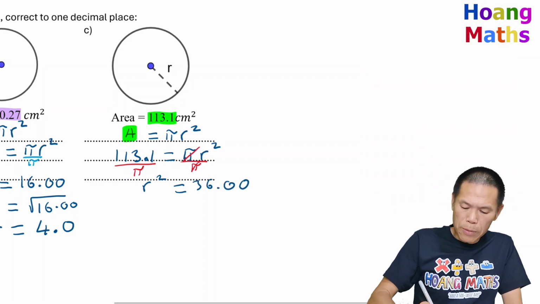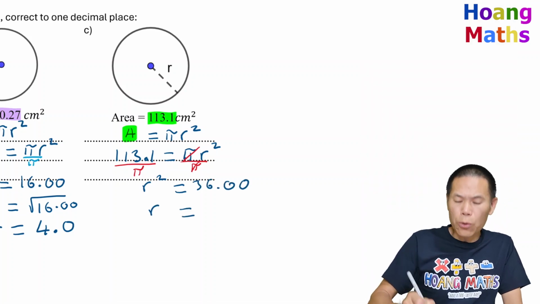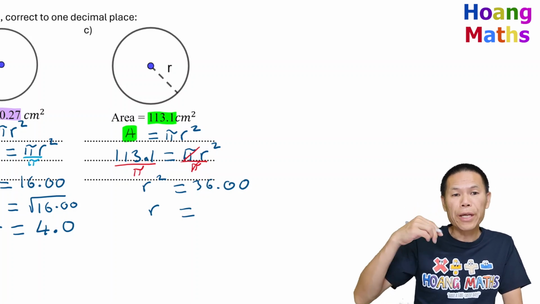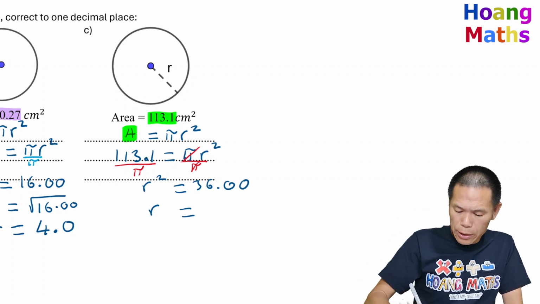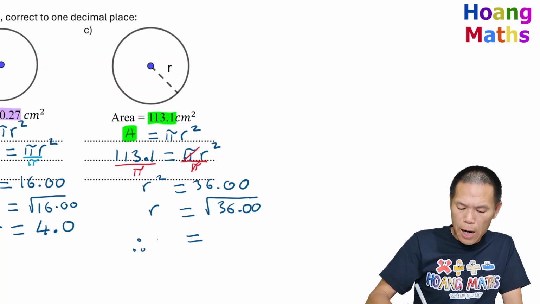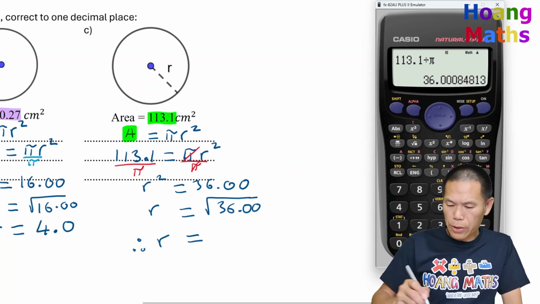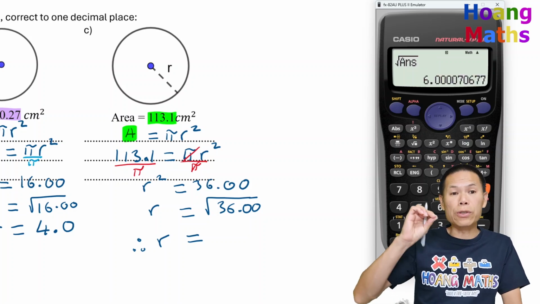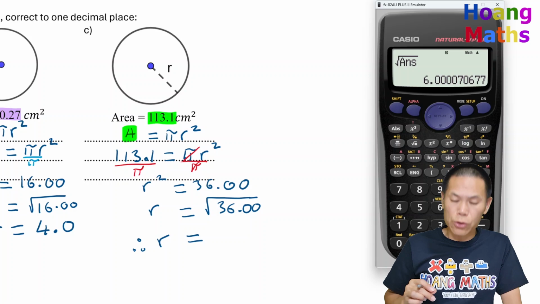So 36.00. This means that r is equal to, I take the square root on both sides, because the opposite of square is square root. So I just take the square root of 36.00. That will give me, therefore, r is equal to 6.00 and so on.